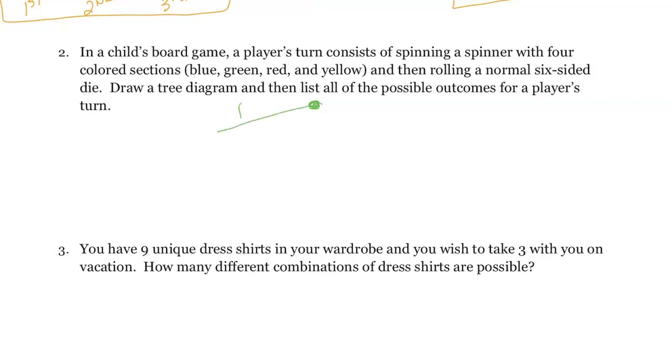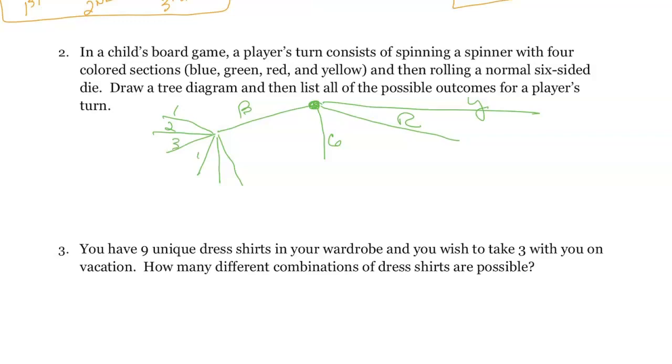You could then go blue, you could go green, you could go red, or you could go yellow. Under every color, you then have 6 options, and those 6 options are the numbers on the die, 1, 2, 3, 4, 5, 6.